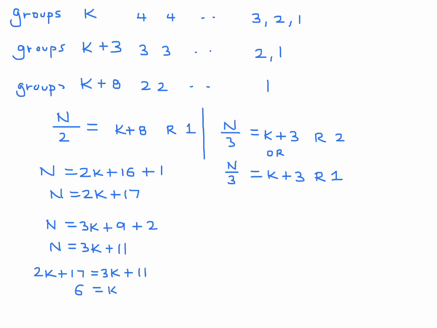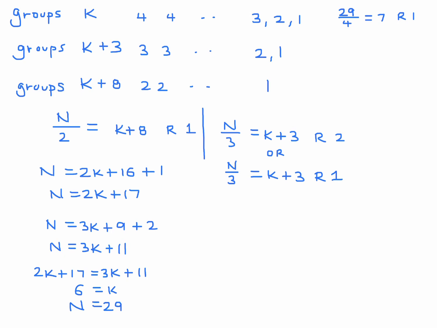And when you do, you get n is equal to 12 plus 17, so 29. All right. So my n is 29. Let's see if this all makes sense. If n is 29, then 29 divided by 4 is going to be 7 with a remainder of 1. Okay.